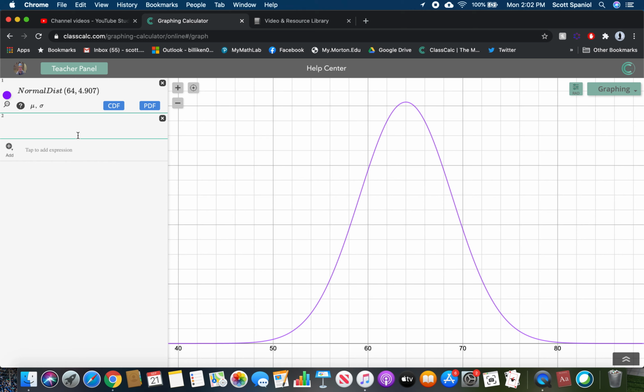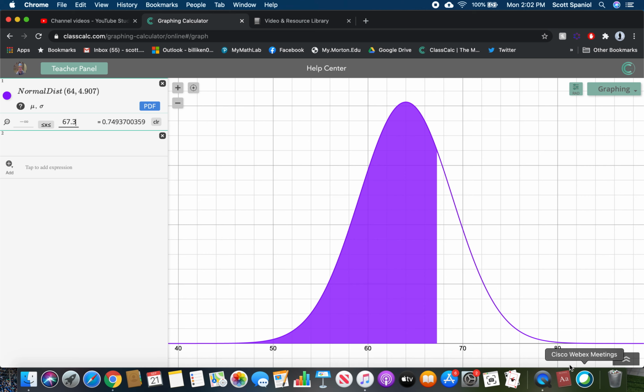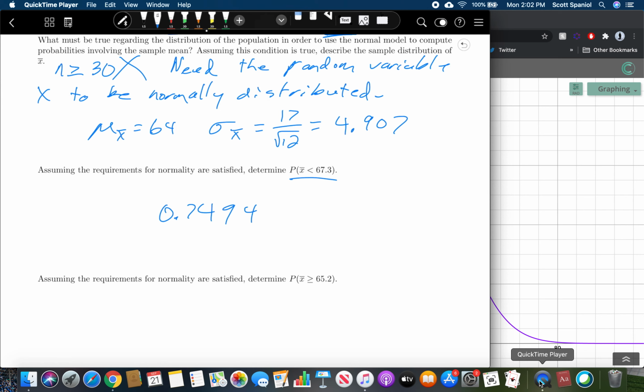That's fine. And then we can do our probabilities by using CDF just like we did in the last section, in section 7.2. So this would be 67.3. Okay. And so the probability of having a mean less than 67.3 would be 0.7494 if we go to 4 decimal places, which is pretty standard on the homework and stuff, so that's what I'll try and do.